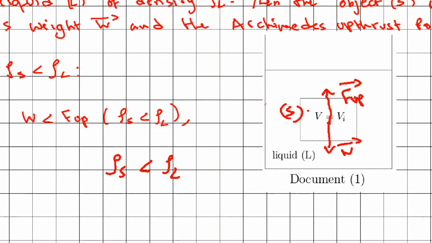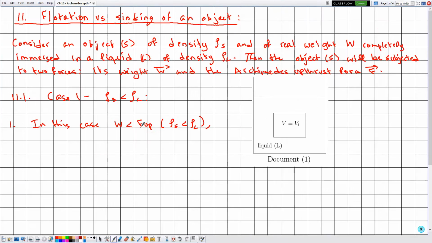So we can deduce that the magnitude of the weight is less than F upthrust. So then the object starts to rise.